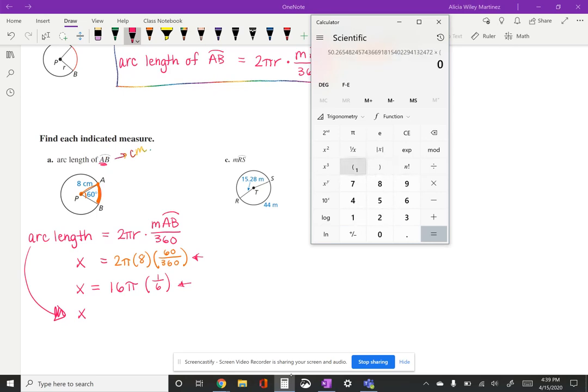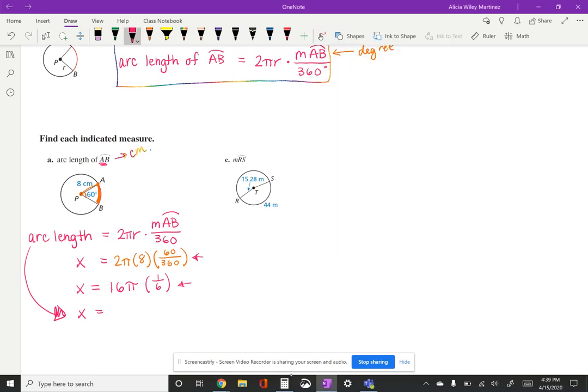So if you times it by 1/6, you get 8.377, so that's 8.4 or 8.38, however many decimals you want to go by. I'm going to do 2. I see it's centimeters, so that's going to be my final answer.